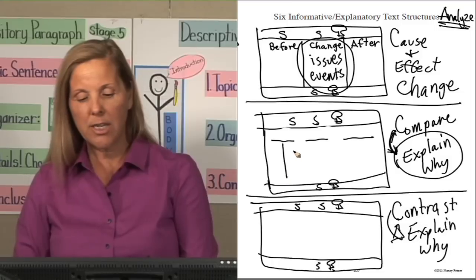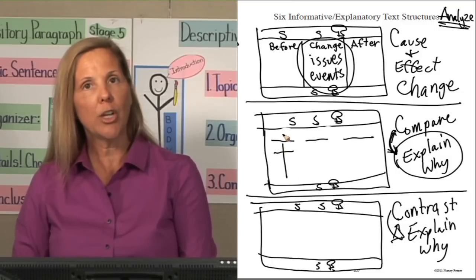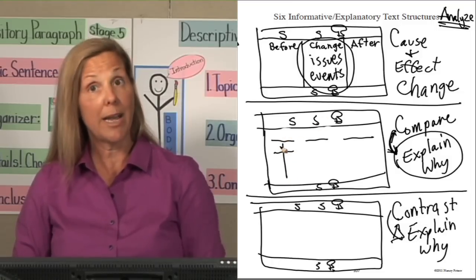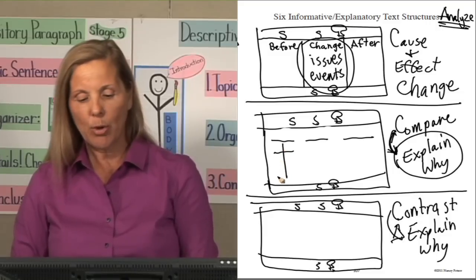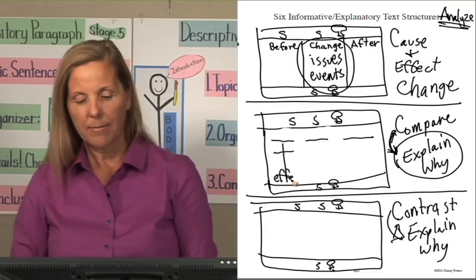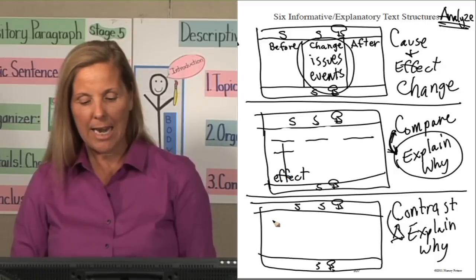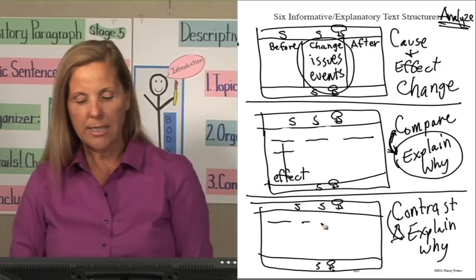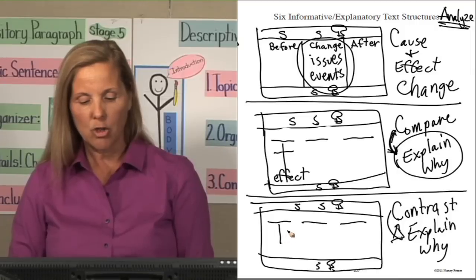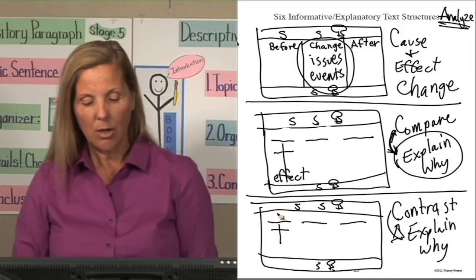Then I'm going to put a T-graph where I'm going to look at that attribute for each one of my subjects, and then I'm going to show the effect. And the same is the case for contrasting. Identify attributes, contrast your subjects under these attributes, and then show the effect of that contrast.